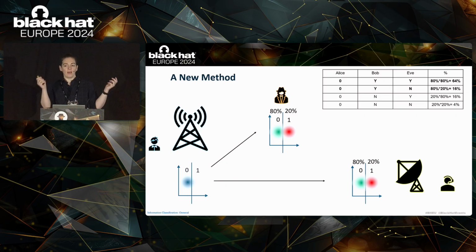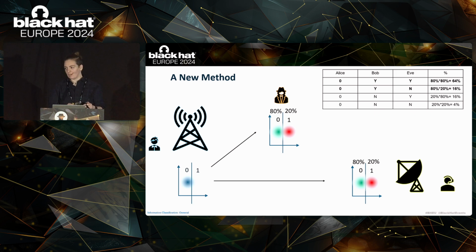So imagine that you have a signal, and it's broadcasting to Alice, and Eve and Bob both receive it. Both of them have, say, an 80% chance that they receive it correctly, and a 20% chance that they're going to get it wrong. So both of them will be correlated to Alice with 80%.